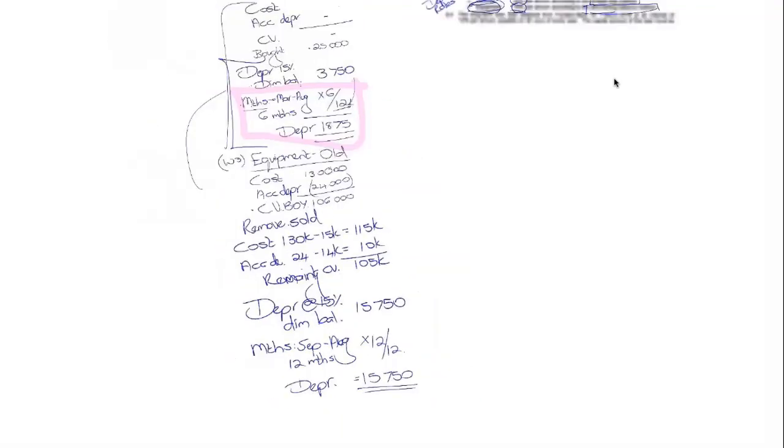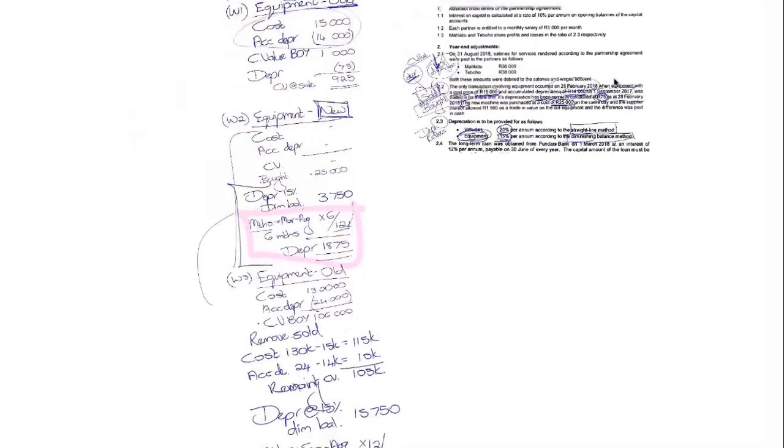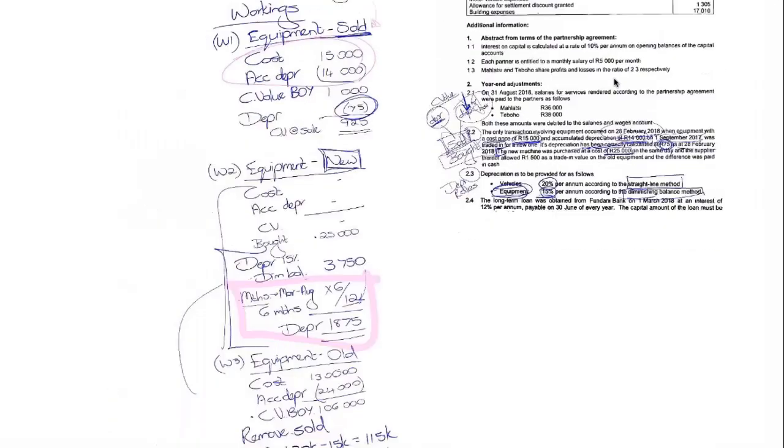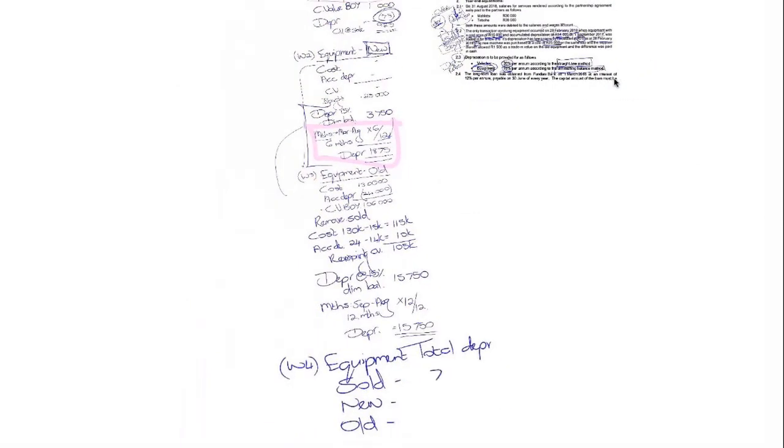So my total depreciation, if you will, on equipment is going to be the depreciation on my sold, the depreciation on my new, and the depreciation on my old. My depreciation on my sold asset is 75.